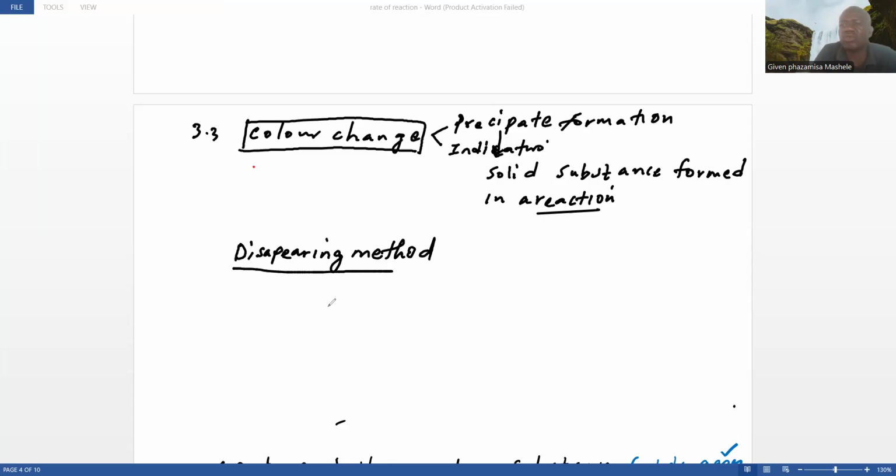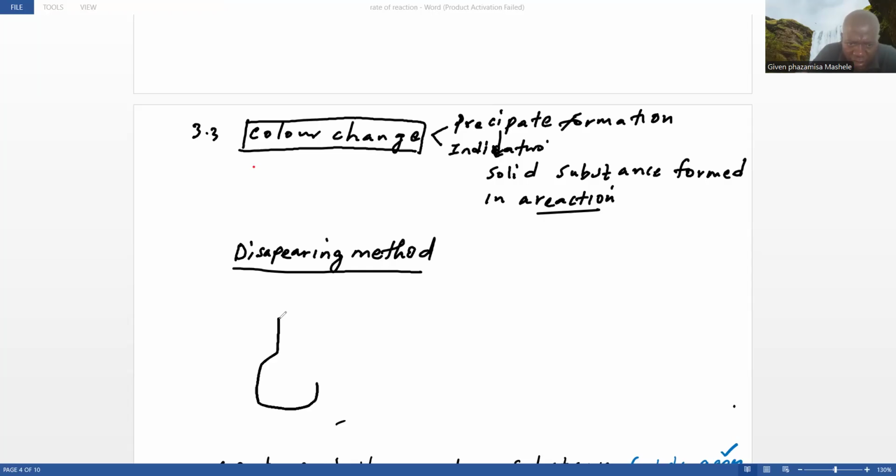So it has to do with observing. What they do is maybe they just use a beaker or a conical flask. Any glass beaker. Let's say they use a conical flask.